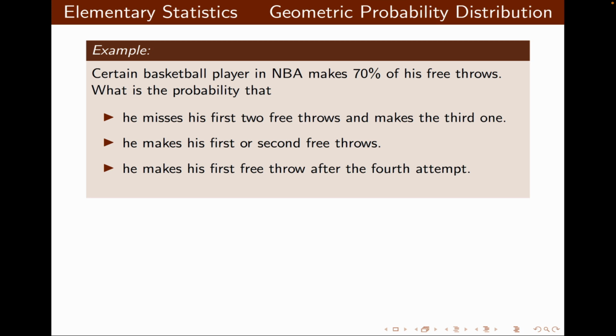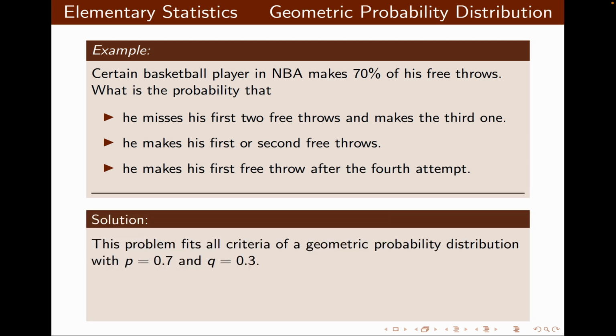What's the probability that he makes his first free throw after the fourth attempt? This problem fits all criteria of a geometric probability distribution, where the probability of success is 0.7 per attempt and the probability of failure is q equal to 0.3 per attempt.